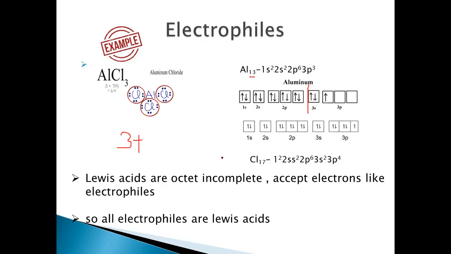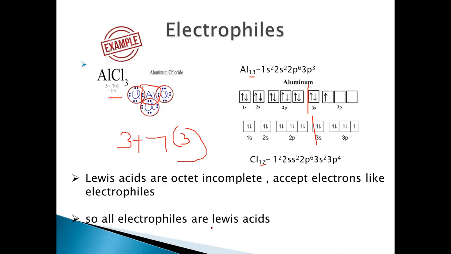For chlorine, atomic number 17, the valence electrons are 1, 2, 3, 4, 5, 6, and then 7. So 7 times 3, again 24 electrons in total. Again aluminium is short of 2 electrons, which is octet incomplete, making it an electrophile.